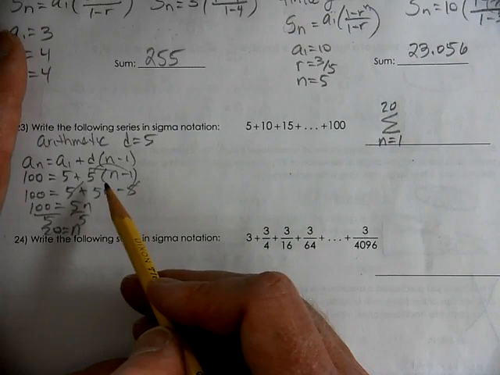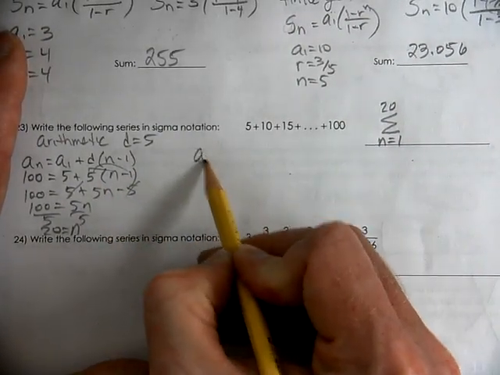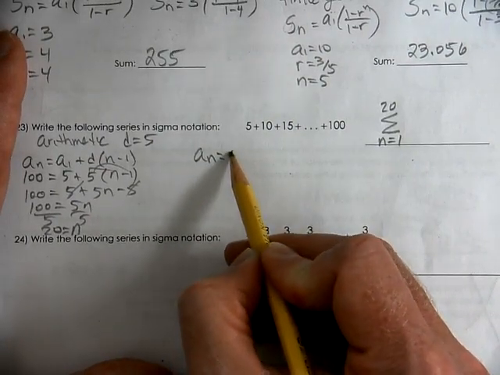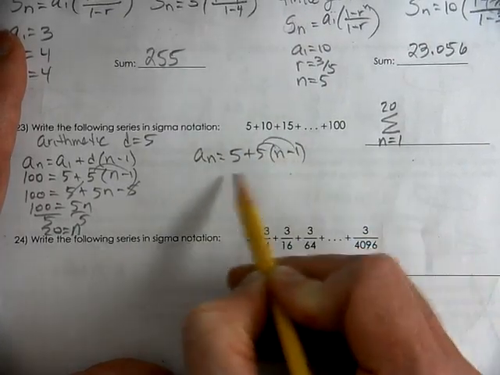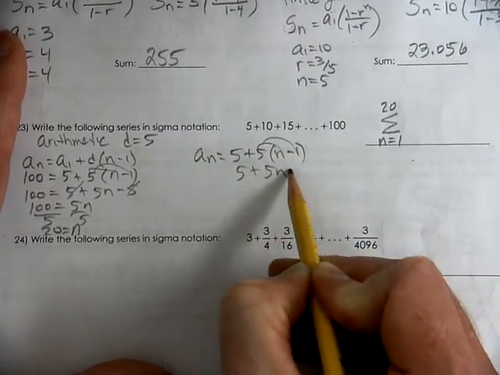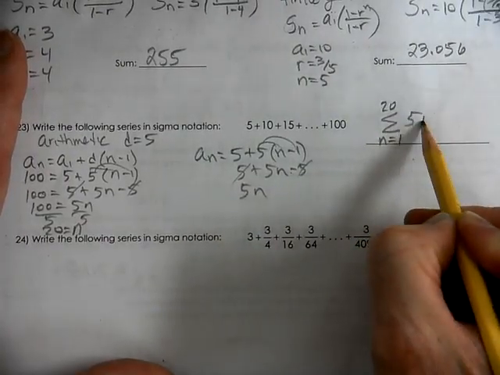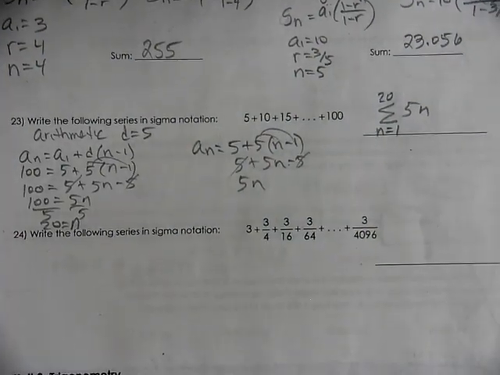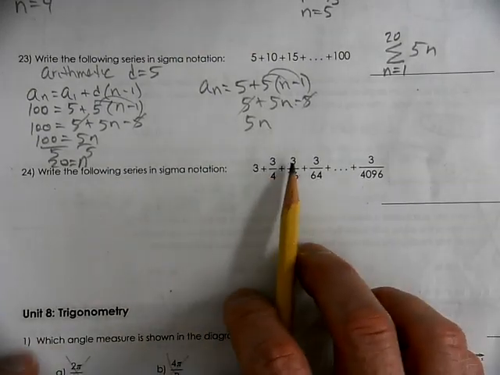Well, we did the rule. It'd be a sub n equals 5 plus 5 times n minus 1. There's the rule. And our last question, write the sigma notation.